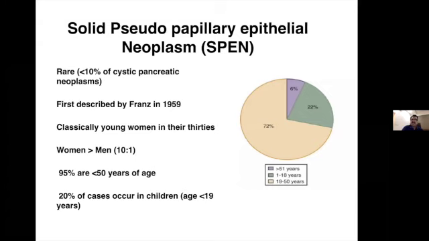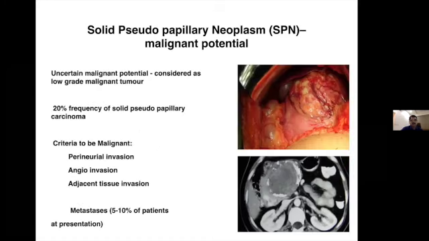Basically, solid pseudopapillary neoplasms are solid lesions. When there is increasing size of the lesion, some of it becomes necrosed and there will be liquefaction. When you image this lesion, you may see something like papillae, so they are known as pseudopapillae. They are not true papillae as you see in intraductal papillary mucinous neoplasm.